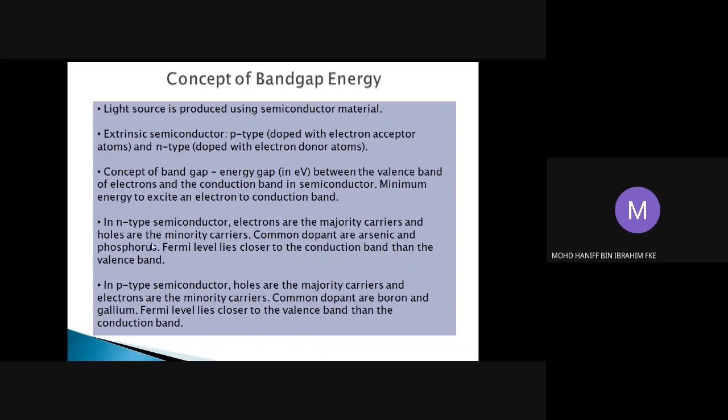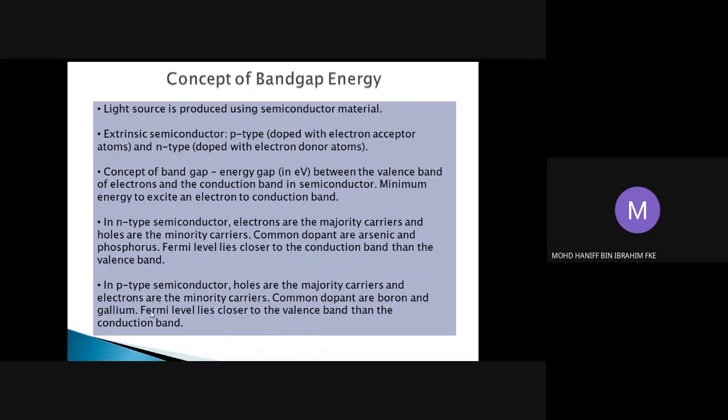Whereas for the p-type semiconductor, the holes are the majority carriers. This is the vice versa condition, and the electrons are the minority carriers. The common dopants for the p-type semiconductor are boron and gallium. These are the two materials used in p-type semiconductor fabrication.